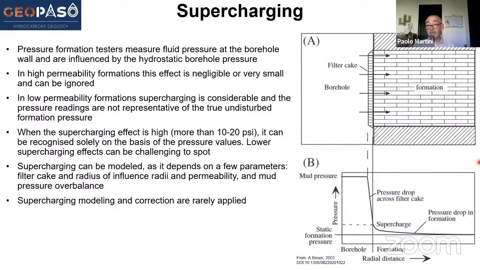Supercharging can be modeled, and it depends on a few parameters like the radius of the filter cake, the radius of the influence of the mud filtration, and also on the permeability of the mud cake and of the formation, and of course on the overbalance of the hydrostatic over the formation pressure. But this kind of modeling and corrections are very, very rarely applied.